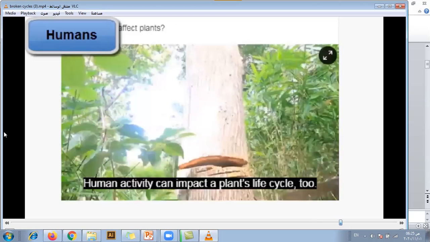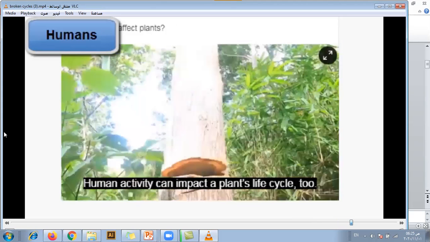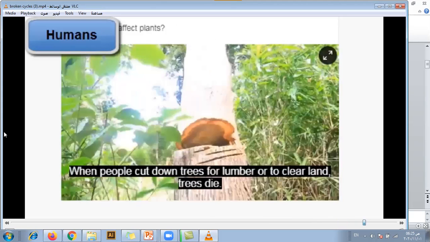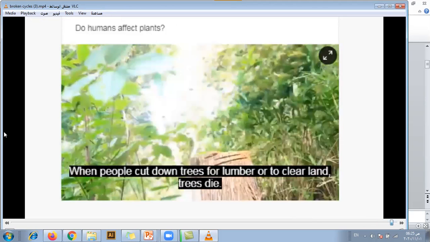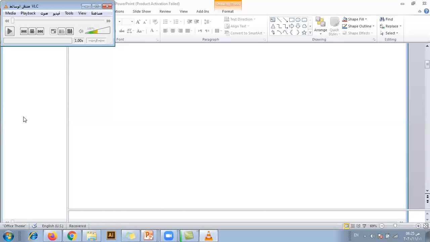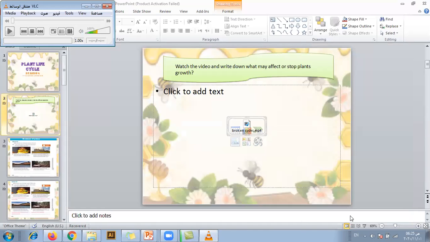Humans, if we cut plants or take them and eat them, we can stop them from growing or interrupt their life cycle. So many things may affect the plant life cycle, as you see right now.